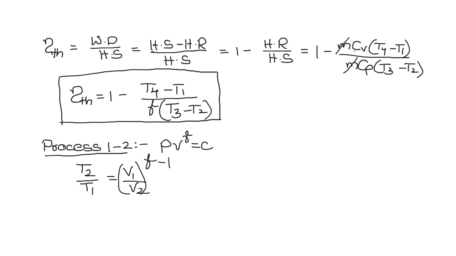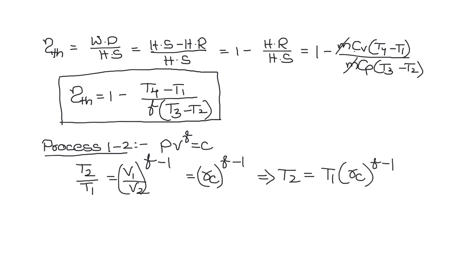V1 by V2 is nothing but the compression ratio, so it is Rc power gamma minus 1. So T2 is equal to T1 into Rc power gamma minus 1. We got T2 in terms of T1 and the compression ratio.